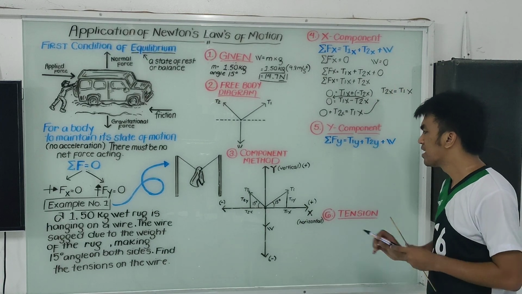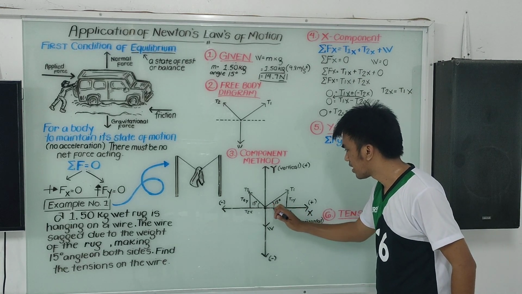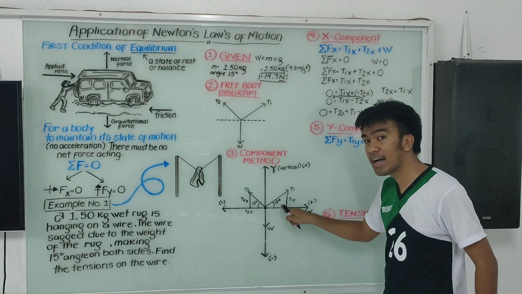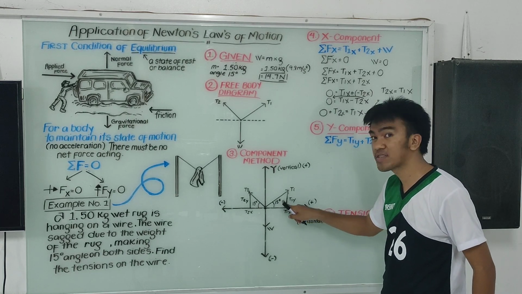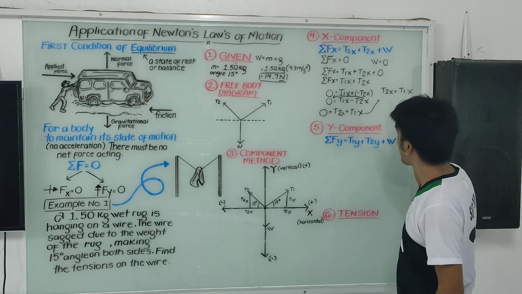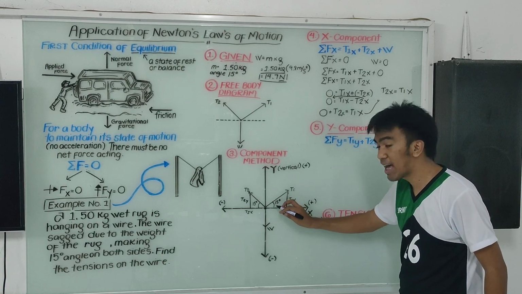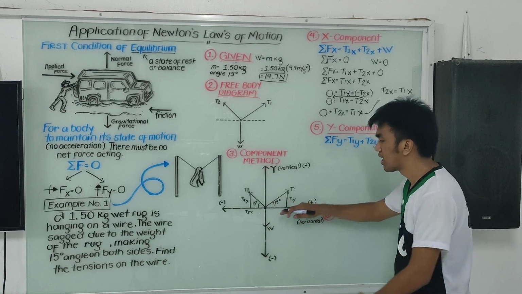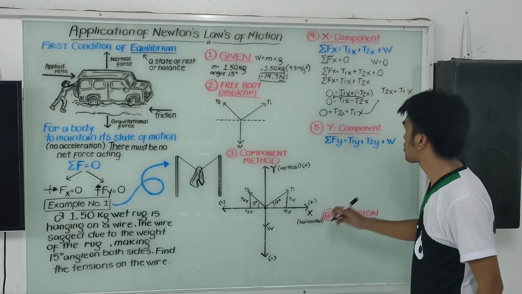But remember, since T1x is adjacent to the angle, we are going to use the cosine function. I repeat, since T1x is adjacent to the angle, meaning katabi po ng angle, we are going to use the cosine function.